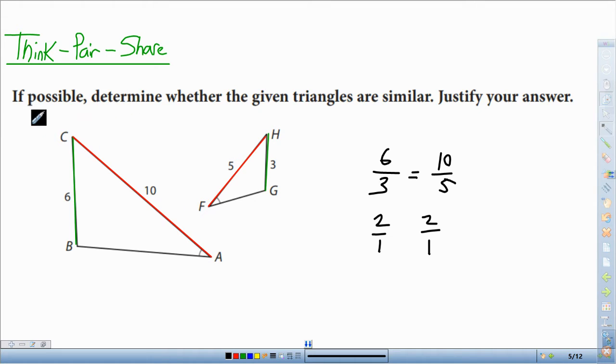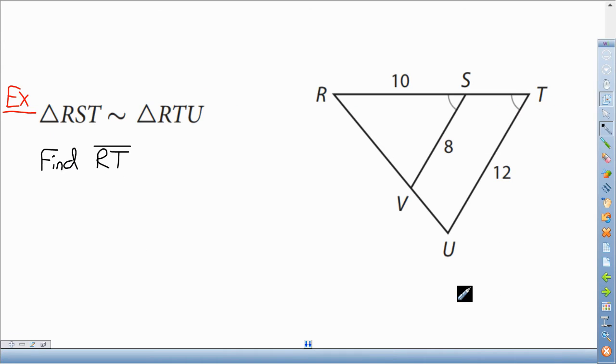So if possible, determine whether the triangles are similar, I'm going to say cannot be determined. So that's kind of the idea of those. I just really wanted to point out side angle side. You've got to have that angle between the sides.